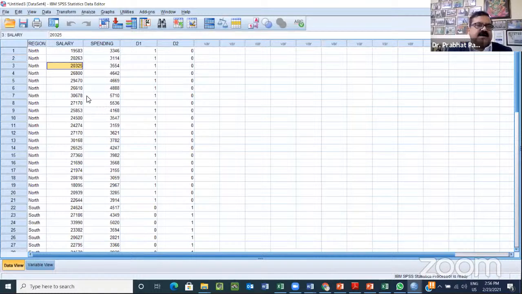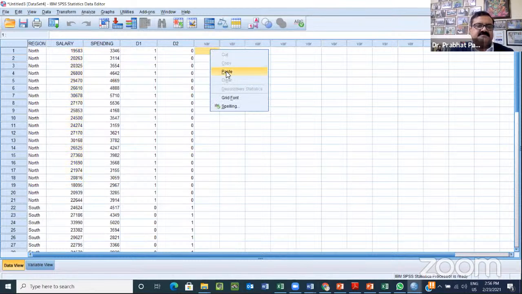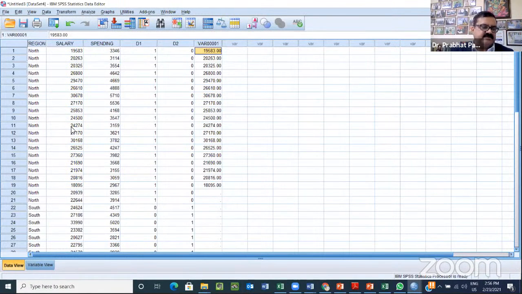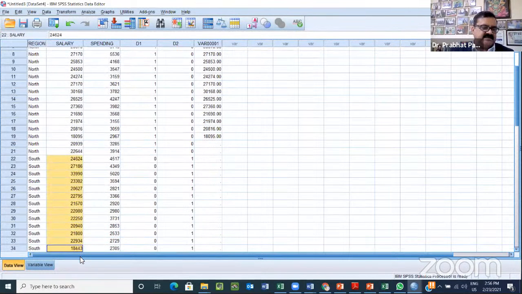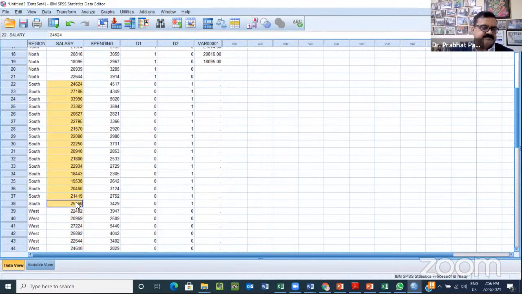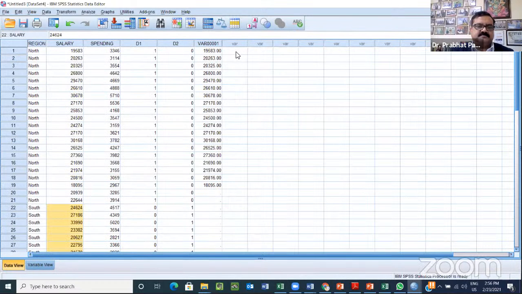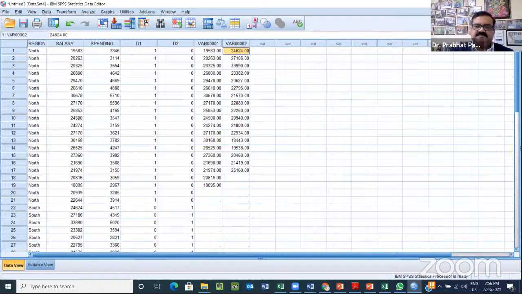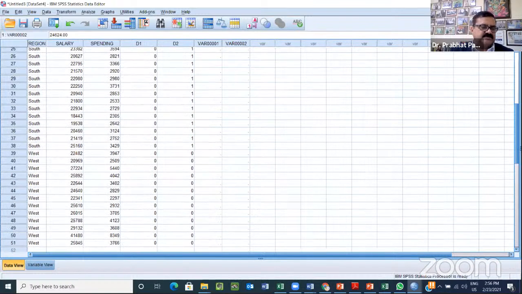So let me go back to this one. I'm going to give you the average first. I'm taking all north together. Let's first have a look at how the averages look. So this is the data for the north, all salaries for the north. Then I'm copying the salaries for the south and pasting them here.